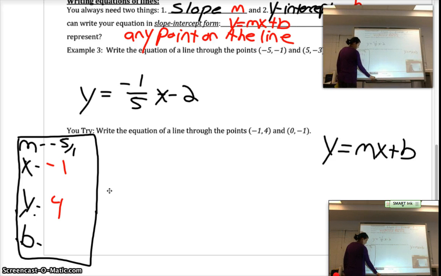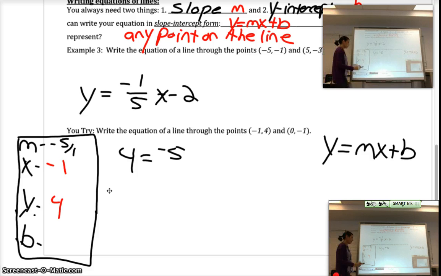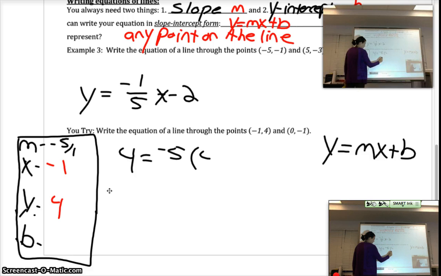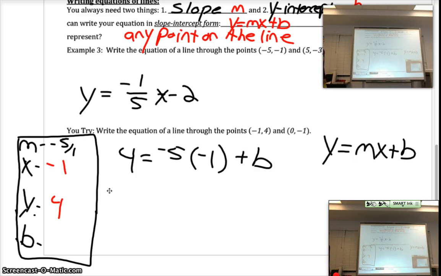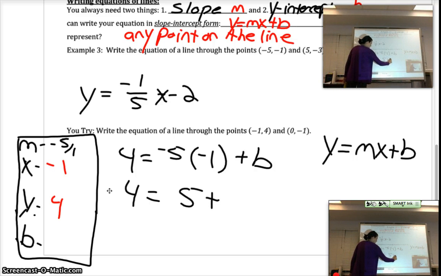Find B. So y equals my slope, -5, times x, which is -1, plus b. So 4 equals 5 plus b.